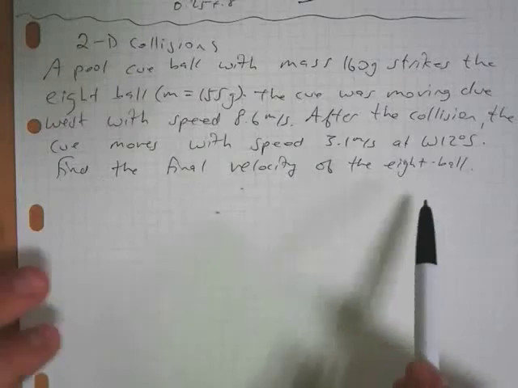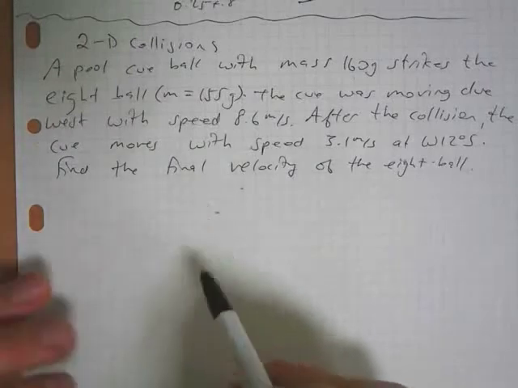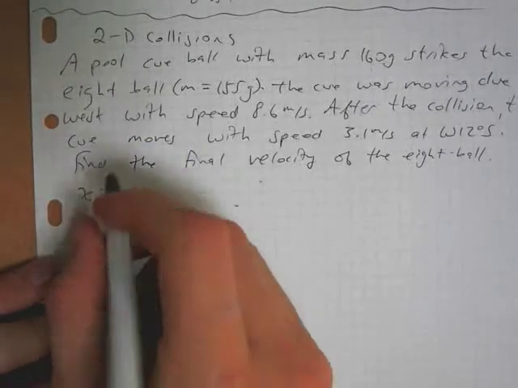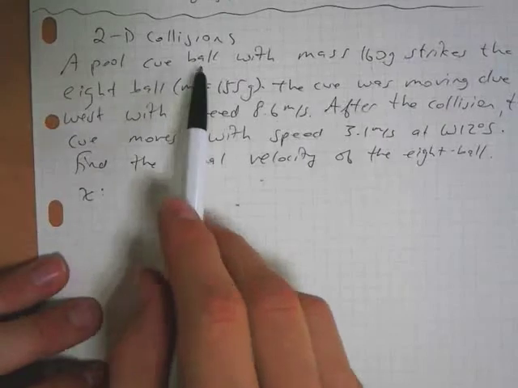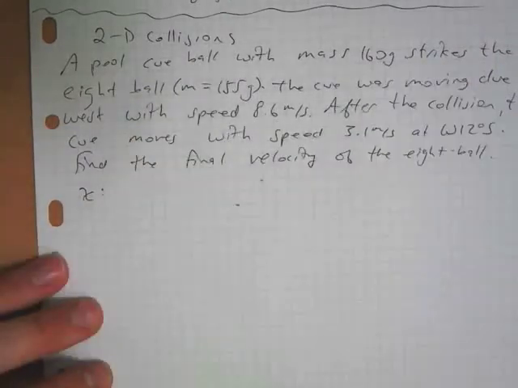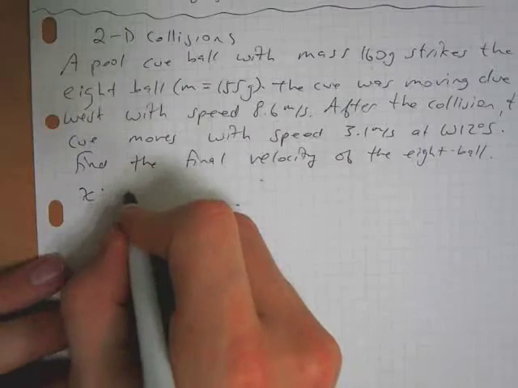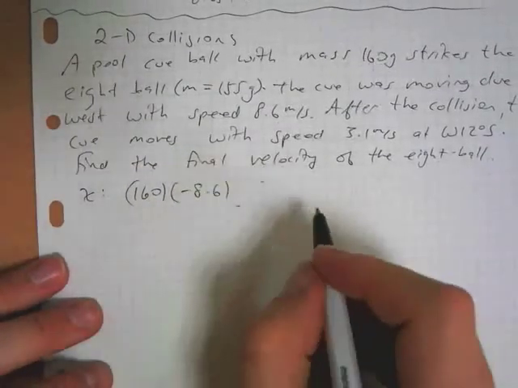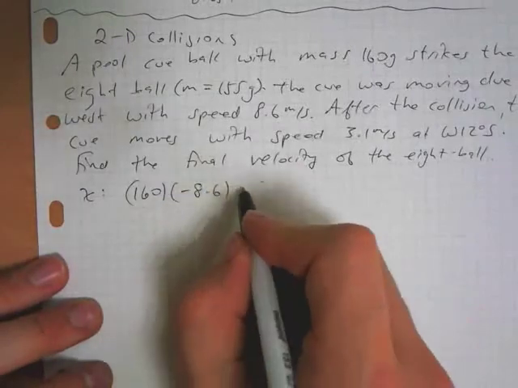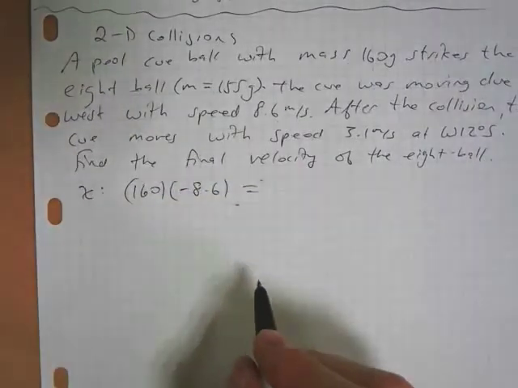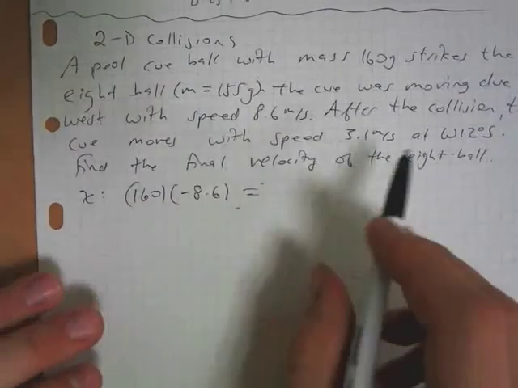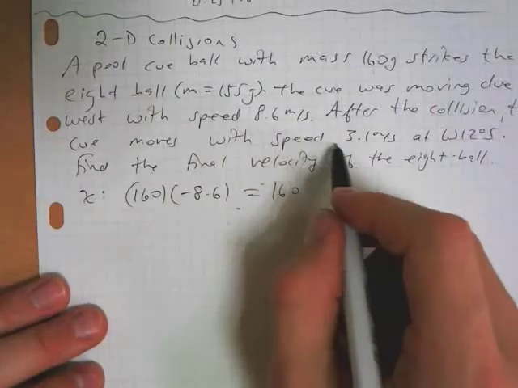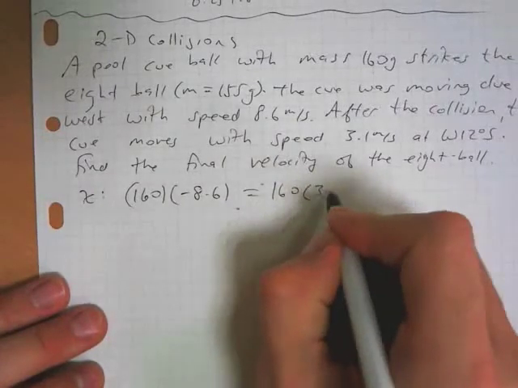And again, we're going to apply conservation of momentum in the x direction and in the y direction. So in the x direction, the cue ball was moving due west, 160 grams, at 8.6. That's minus 8.6. The 8 ball wasn't moving, so that's our initial momentum in the x direction. After the collision, the cue, mass 160, moves with a speed of 3.1 meters per second at west by 12 degrees south.